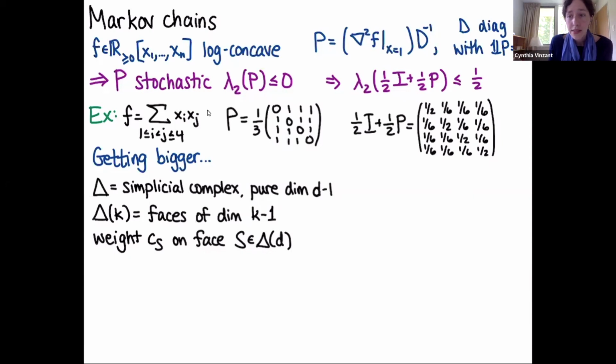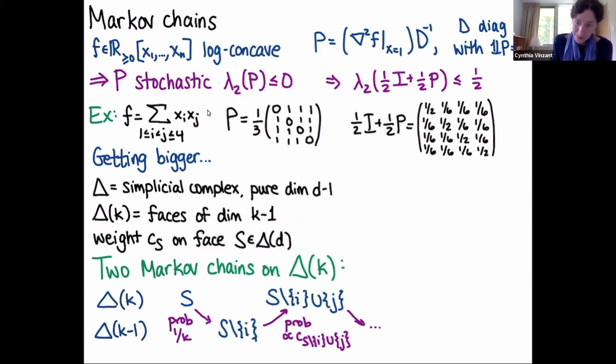And what I can do is define a random walk on the faces of a given size in the following way. I can define 2 different Markov chains on sets of a given size. And one is I start with a set of a given size, and then I uniformly at random kick out one of the elements.